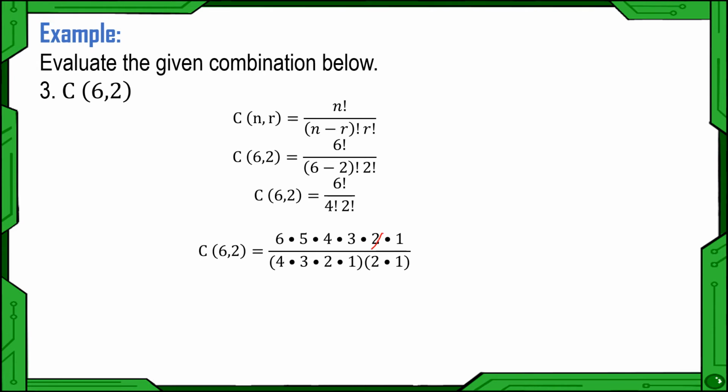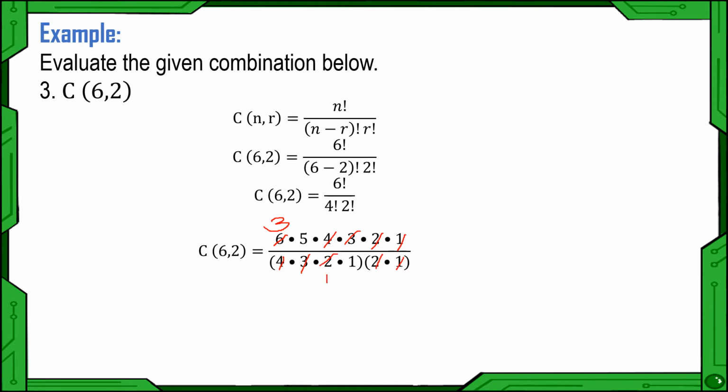Okay, so we can cancel 2, 2, and 1 and 1. We can also cancel 4, 4, 3, and 3. And then you can see here that we can simplify 6 and 2. So we have here 6 divided by 2 is 3, and then 2 divided by 2 is 1.